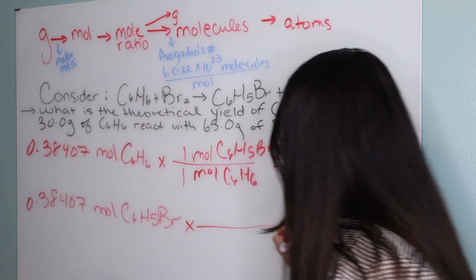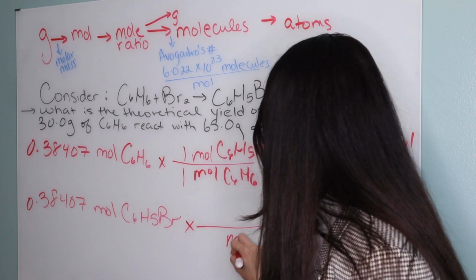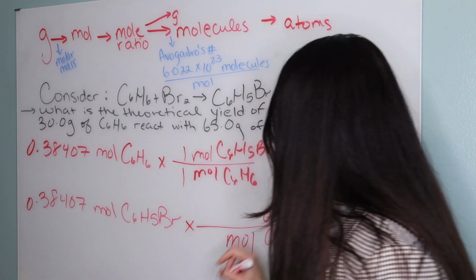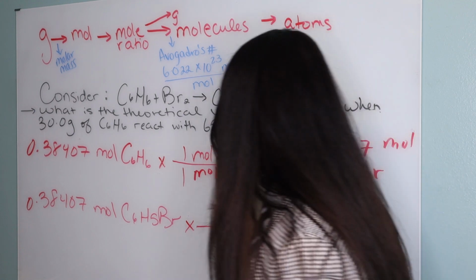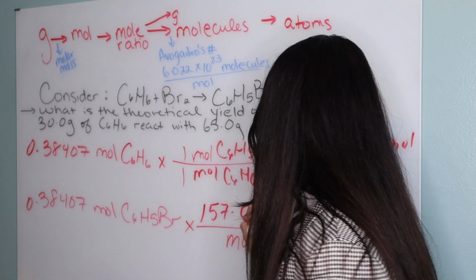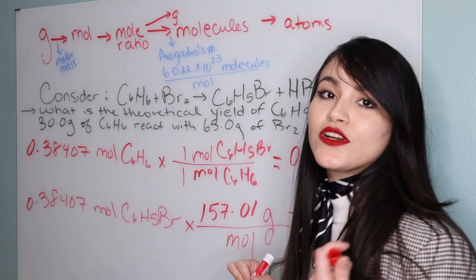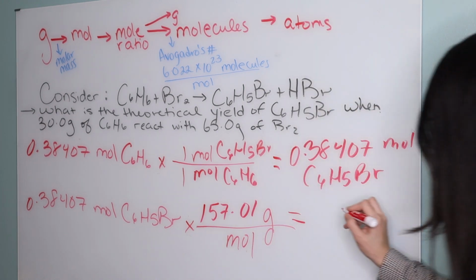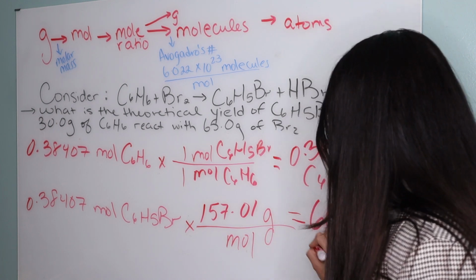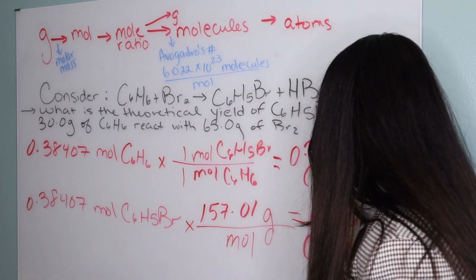So I want to get rid of moles. That's going to go at the bottom. I want to end up with grams. That goes at the top. And you're going to be using the molar mass, of course. So it's going to be 157.01. You're going to be plugging this into your calculator. And the answer is going to be 60.3 grams of the product.